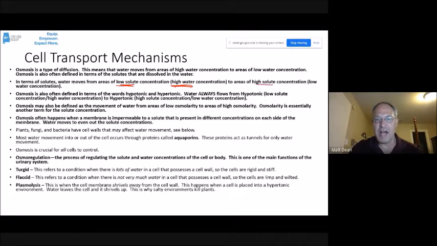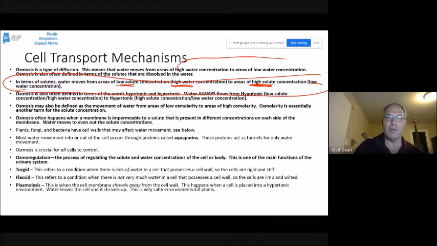If an area has a high solute concentration, that means the concentration of water in that solution's pretty low. So really, this definition and this definition up here say exactly the same thing. This one is in terms of the water, and this one is in terms of the solutes.